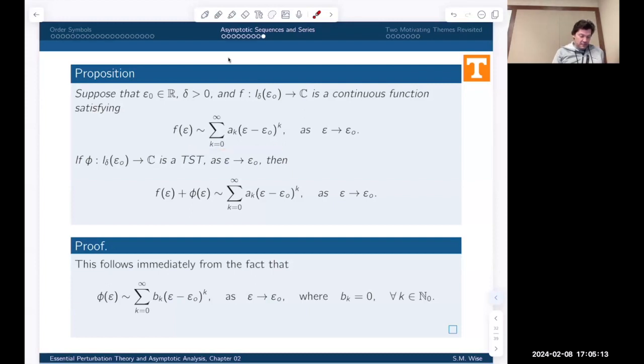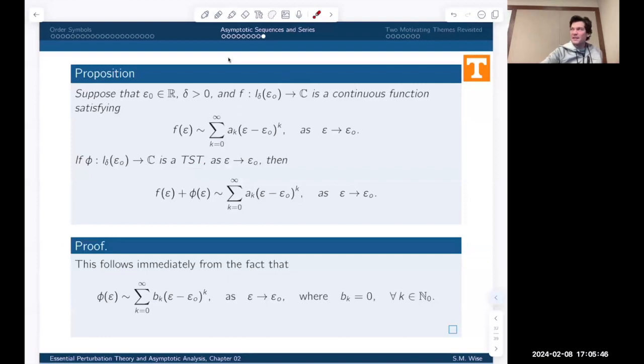If phi is some function that is transcendentally small as epsilon goes to epsilon naught, then lo and behold, f of epsilon plus phi of epsilon has exactly the same power series expansion as f. In other words, this term is so tiny that it can't contribute to any of the terms in the power series expansion of the sum.